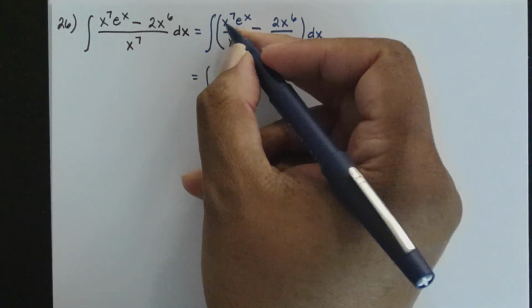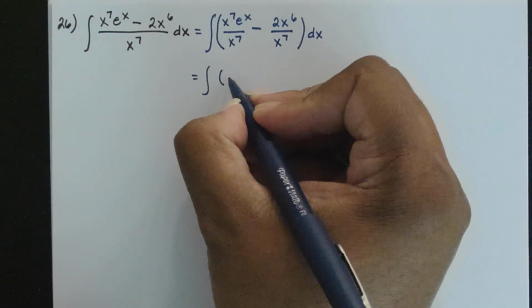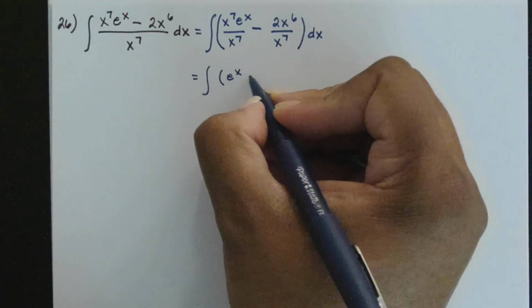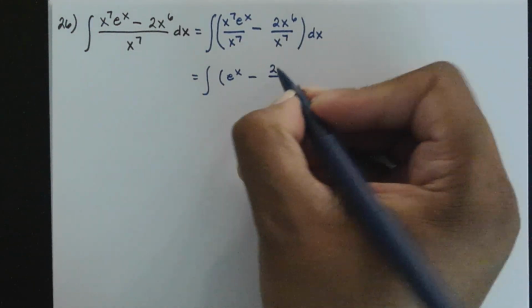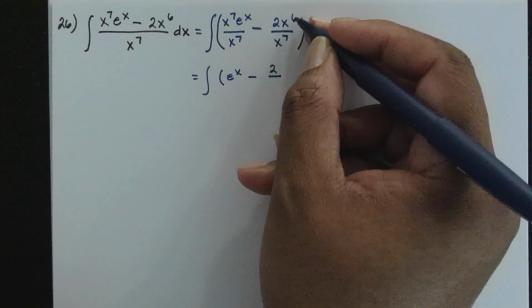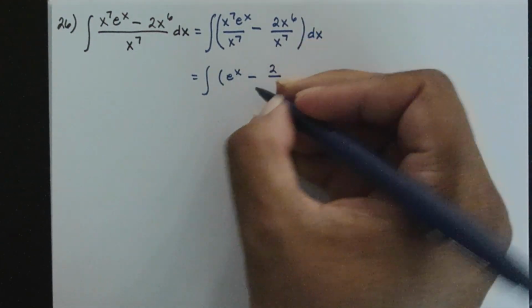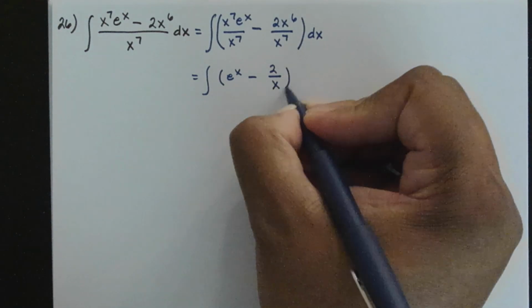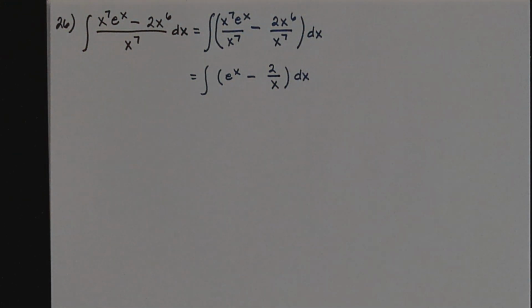You're going to see here that the x to the 7th divide out. All I'll be left with is e to the x, and then minus. I'll have the 2 in the numerator, but if I do x to the 6th, 6 of these x to the 7s will be gone, and I'll be left with an x in the denominator. So I have e to the x minus 2 over x, and that integral will be dx.